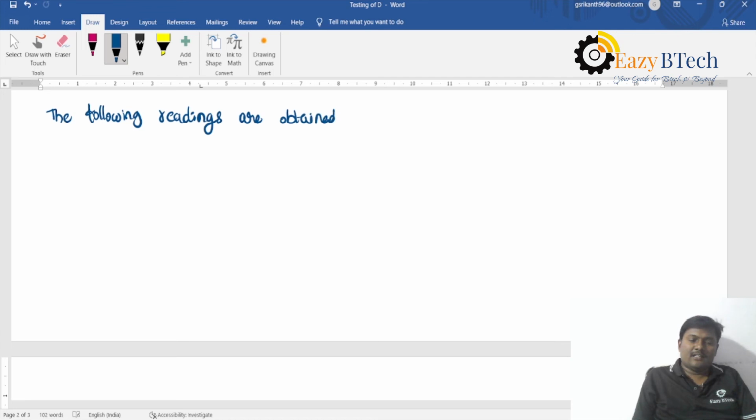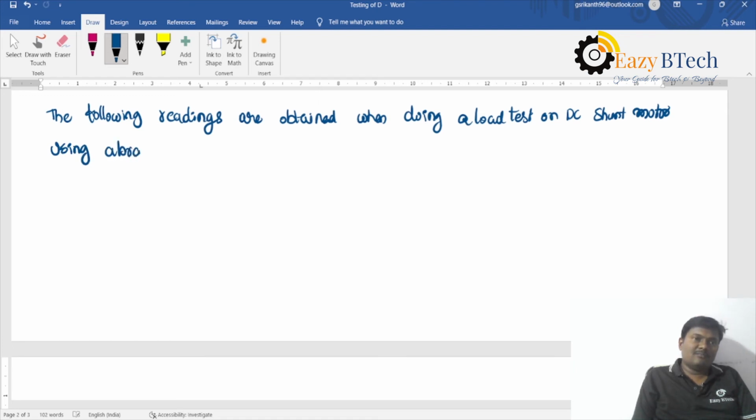The following readings are obtained when doing a load test on a DC shunt motor using a brake drum.